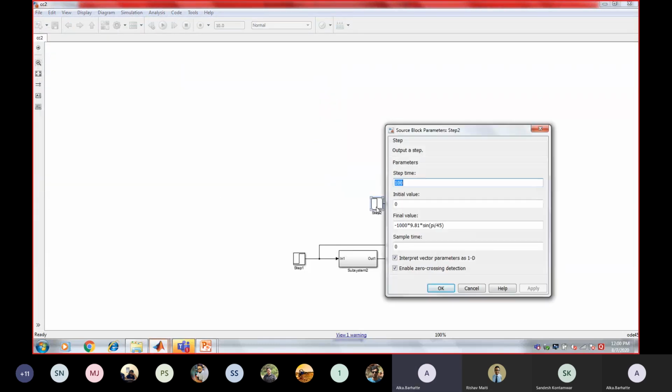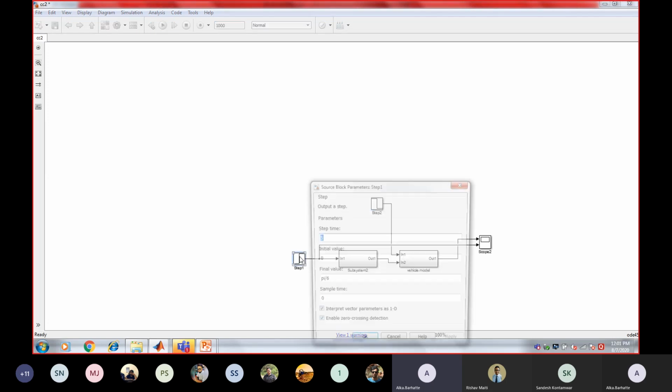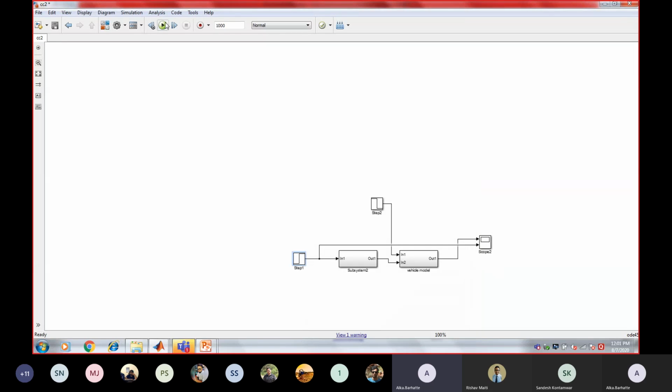Okay, so this is also okay. This is up to only 10, that's fine. Changing that to step input is also correct, and our scope is there. I'll just save again and I'll execute.